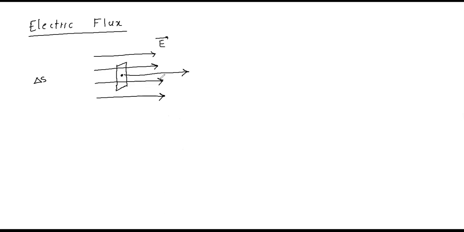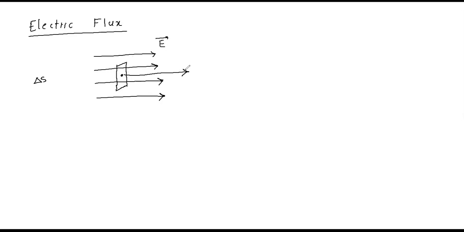So what did I tell? We considered some electric field lines and named them as vector E. Now I took a small area element delta S such that the normal drawn to that area is in the direction of electric field.